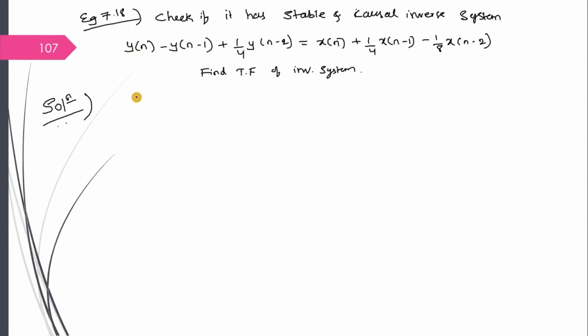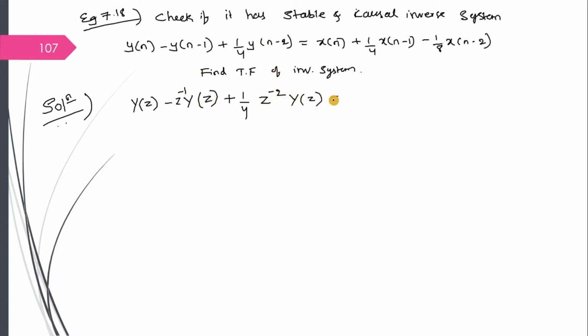So y of n, when you take its z transform, we take it as Y of z minus this one. This can be written as z inverse Y of z, because I have y of n minus 1, time shift property. This is Y of z plus 1 by 4. Here this k value is 2. So z raised to minus 2 Y of z.